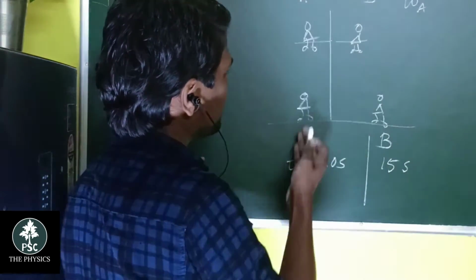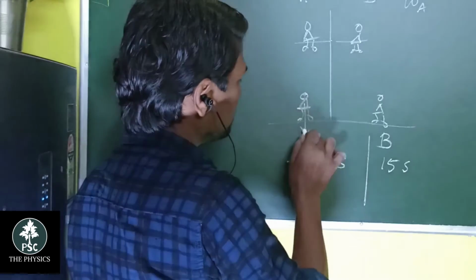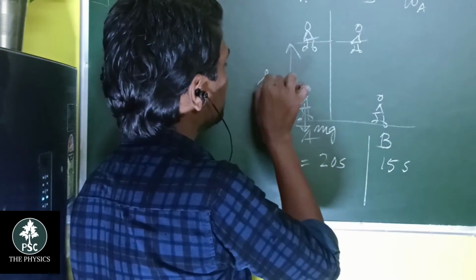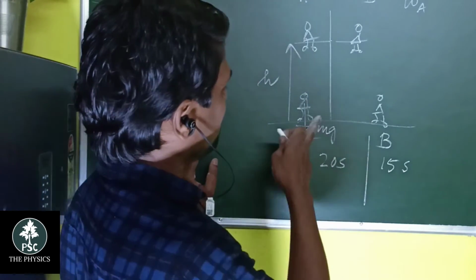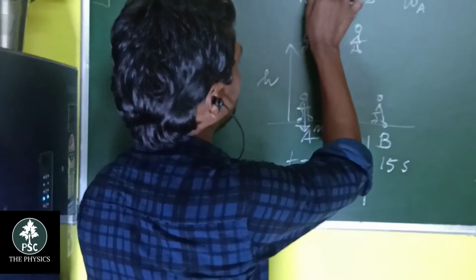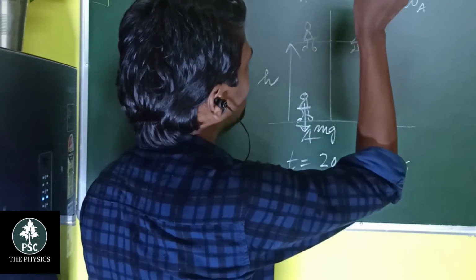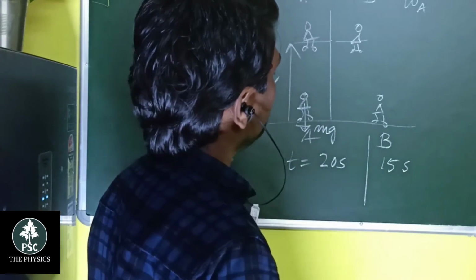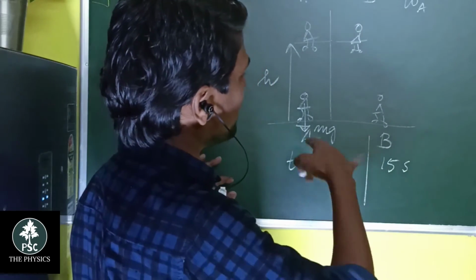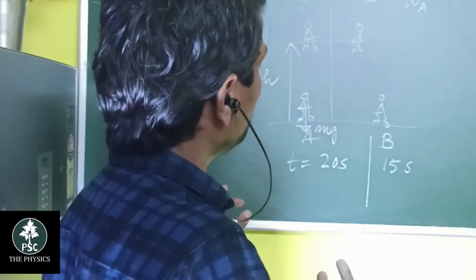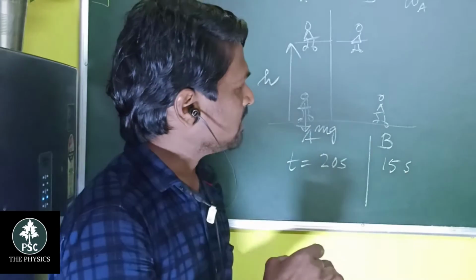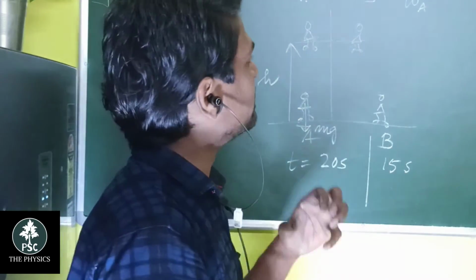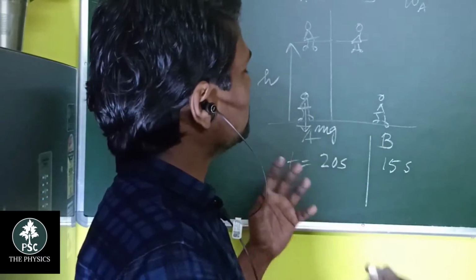If I take the direction of lifting, suppose this is mg and he lifts a specific distance h, then mg into h is the work done, mgh, and for this one it is also mgh. If the mass is different, that is, if the persons are different, then the work done is different.